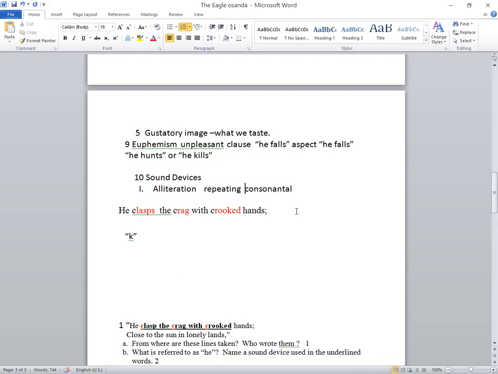Full stop. In the first line, the sound k, write it this way.